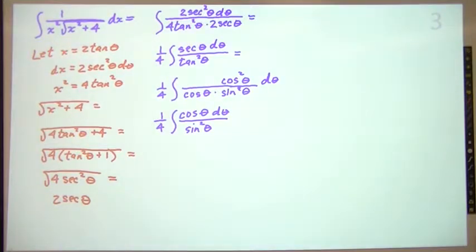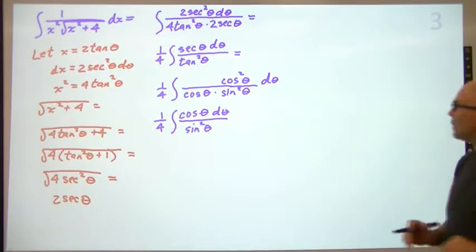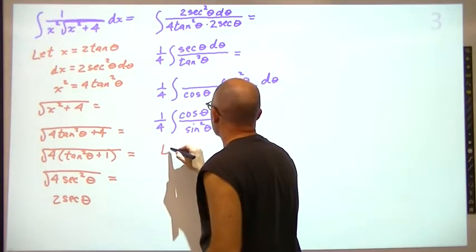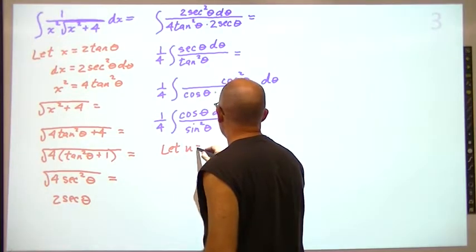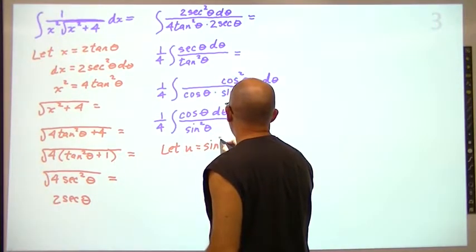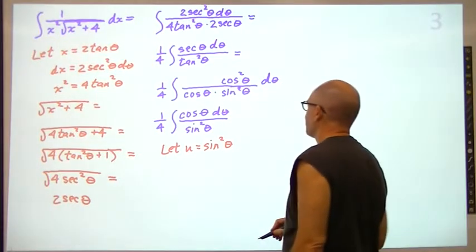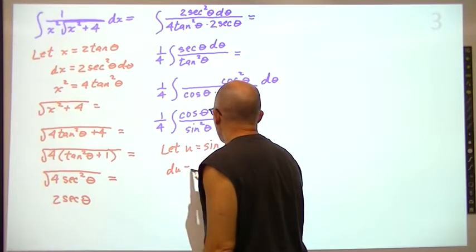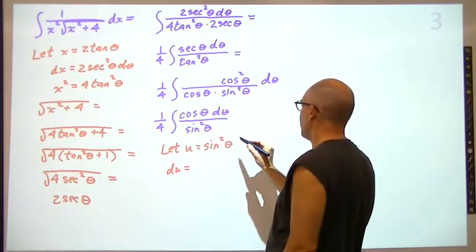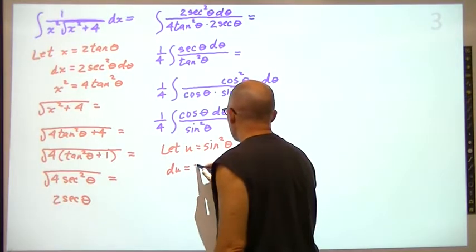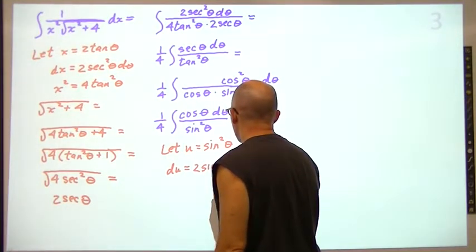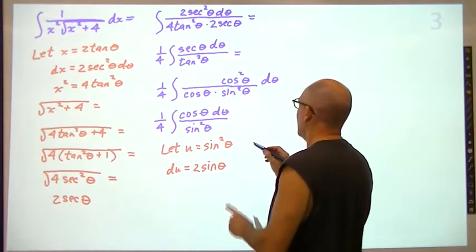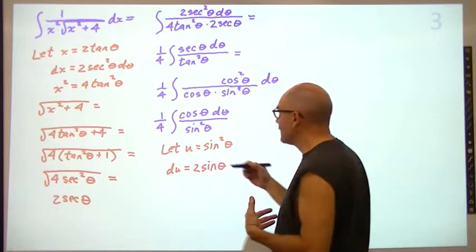Yeah, okay, that's what I was thinking we should do. All right, so what we're going to do is let u equal sine squared theta. Now, that means du is going to be the derivative of sine squared, which is going to be 2 sine theta times the derivative of the inside.